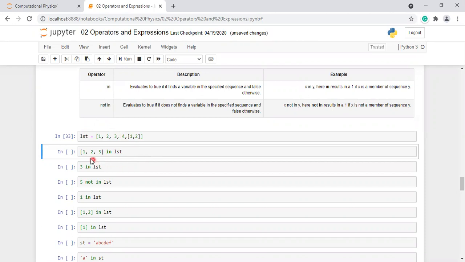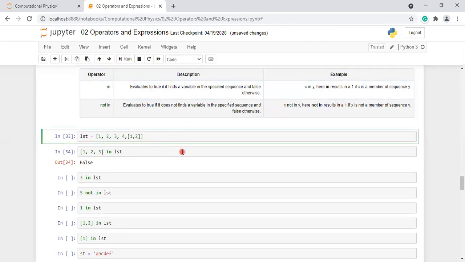Next, check whether the list 1 2 3 is a member of lst. Here the list 1 2 3 is x and lst is y. The list 1 2 3 is not in lst.